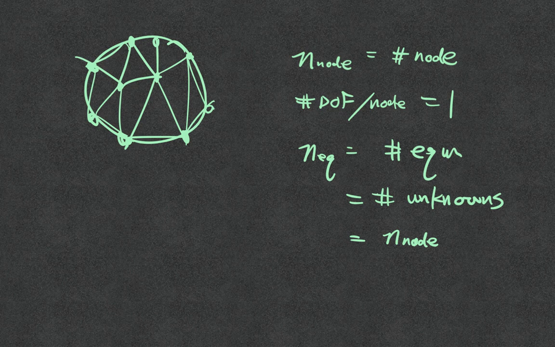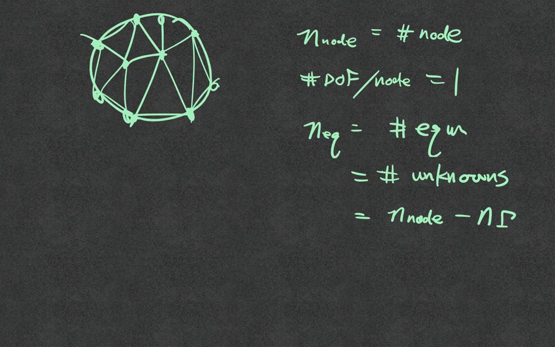You want to subtract the nodes that are in the Dirichlet, the essential boundary conditions. Okay, does that make sense? You already prescribe those values, so they should not be equations of unknowns. So N_R is equal to the number of nodes on tau R. Okay, so far so good.